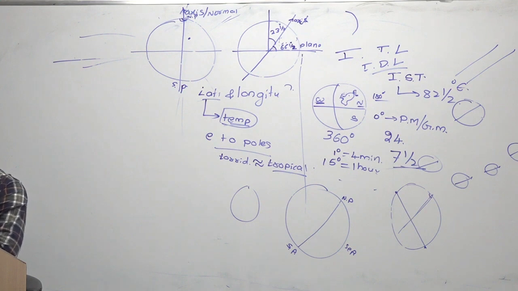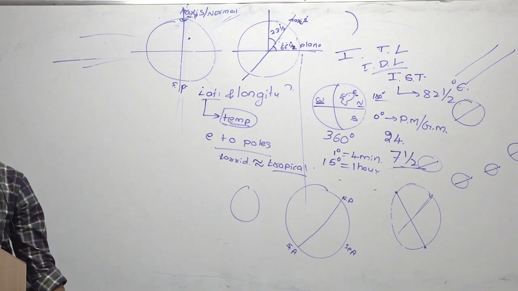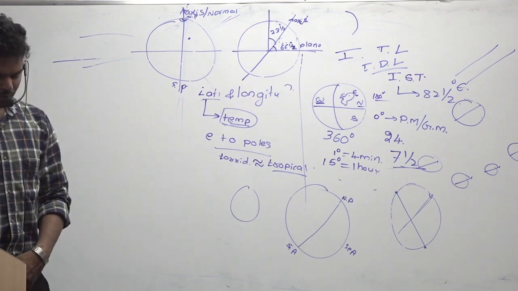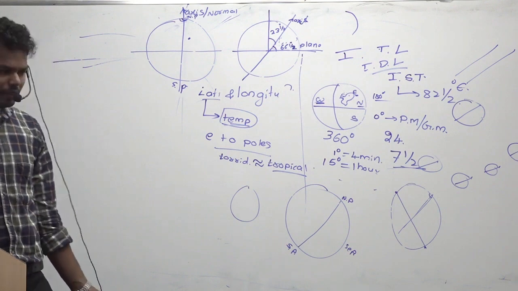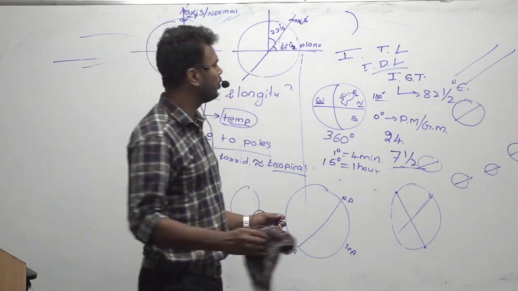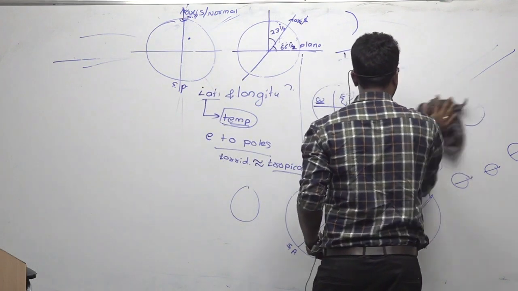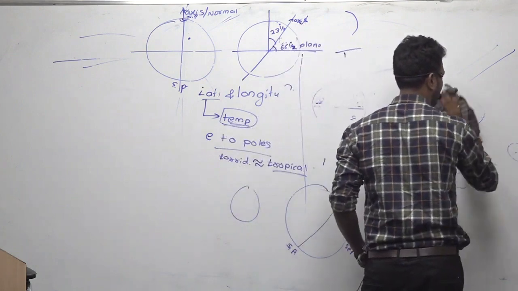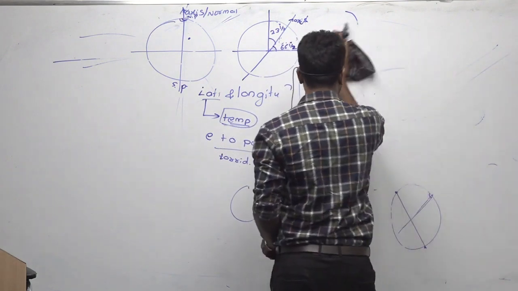At the same time, South Pole is completely under the influence of sunlight. Hence, 24 hours. There is a what? Brightness. 24 hours brightness.